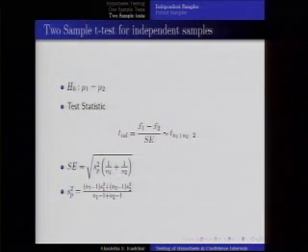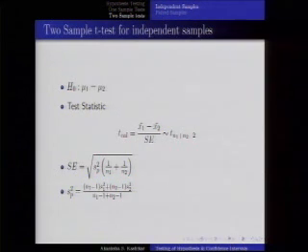It is the square root of s square p into 1 upon n1 plus 1 upon n2. So what are n1 and n2? n1 and n2 are basically sample sizes. n1 is the sample size for the first population whose mean is mu1, and x1 bar is the corresponding sample mean, and n2 is the sample size for population 2 whose mean is mu2 and the corresponding sample mean is x2 bar.